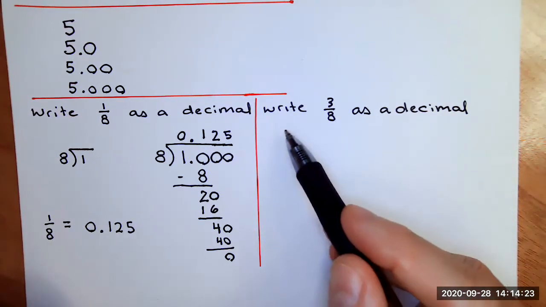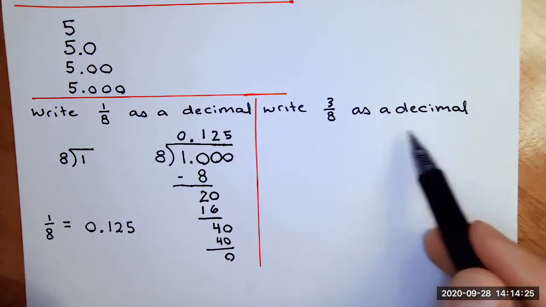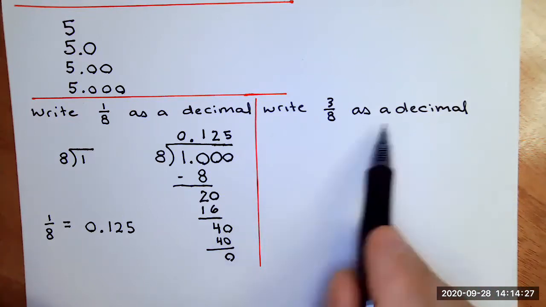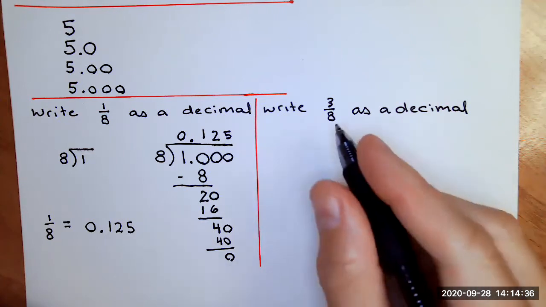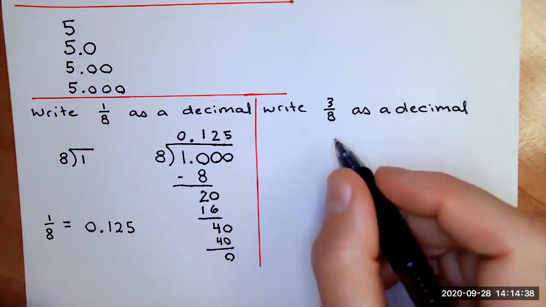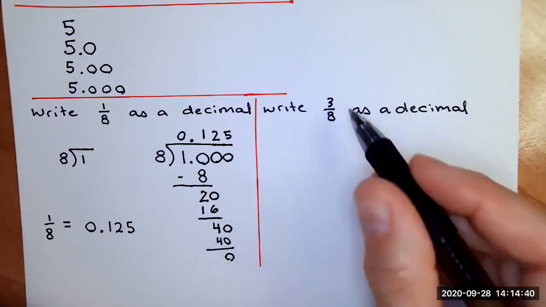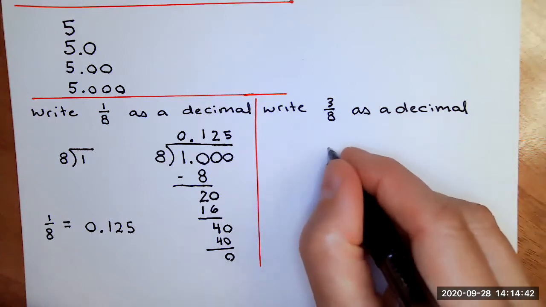All right, let's try another example. Let's write 3/8 as a decimal. So this would be a good time to hit the pause button and try this one on your own. Okay, so the first thing you do is write this as a division, and the number that's on top is the one that goes on the inside.